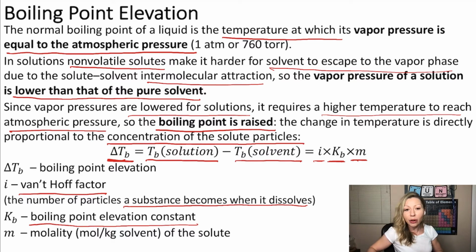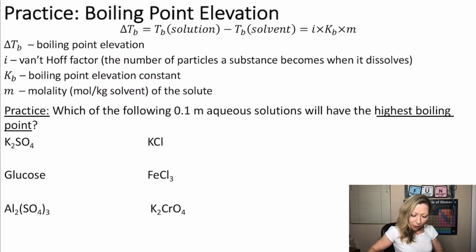Let's do a couple of sample problems. So here we need to figure out which of the following 1 molal aqueous solutions will have the highest boiling point. In order to get the highest boiling point, we need to achieve the highest change in temperature, so the highest boiling point elevation.